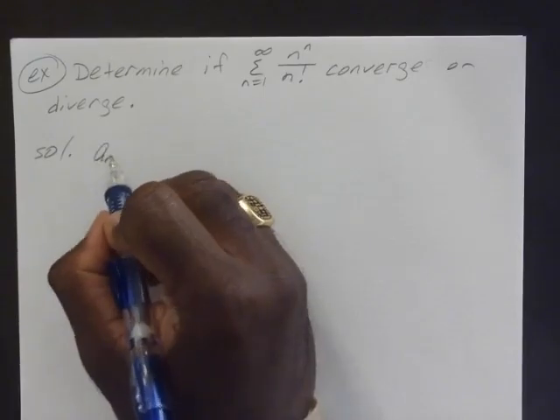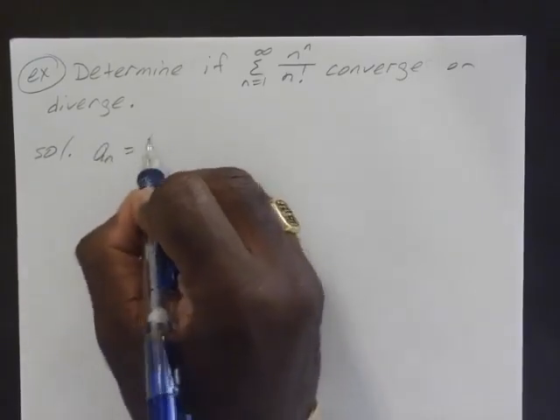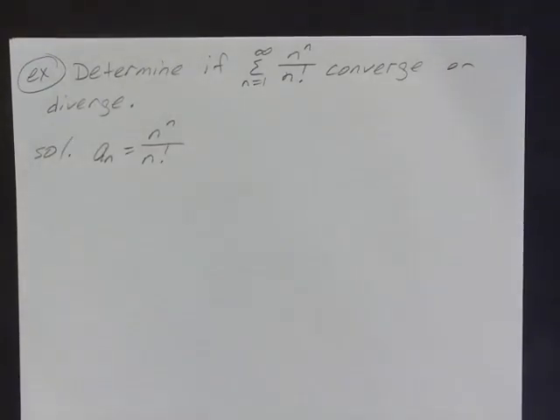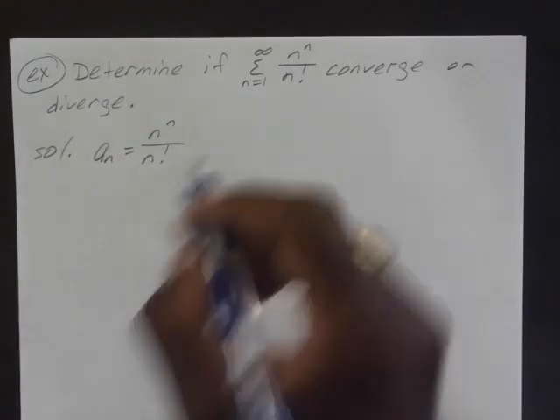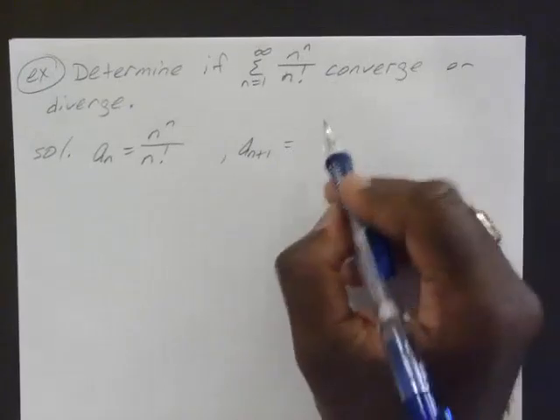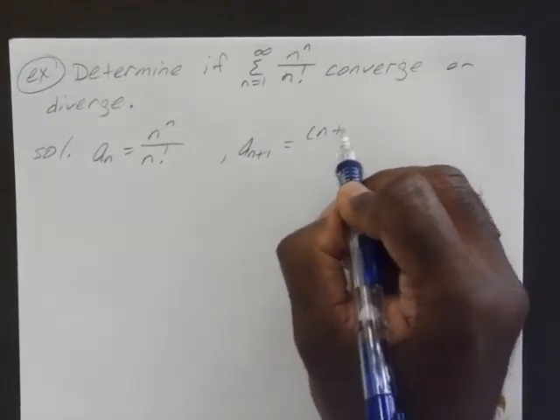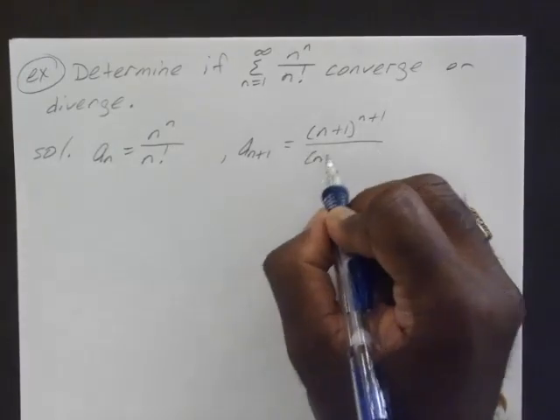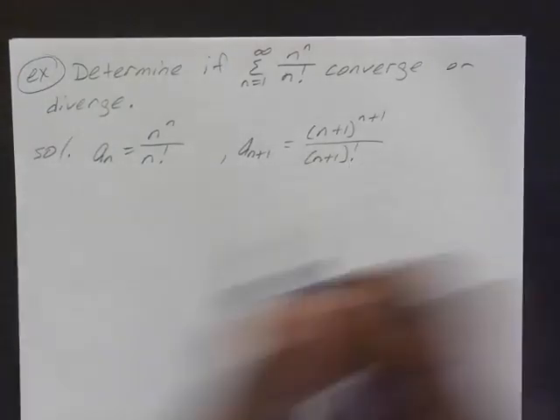Okay. We know that our a sub n is equal to n to the power of n divided by n factorial. Which means that our a sub n plus 1 is equal to n plus 1 to the power of n plus 1 divided by n plus 1 factorial.